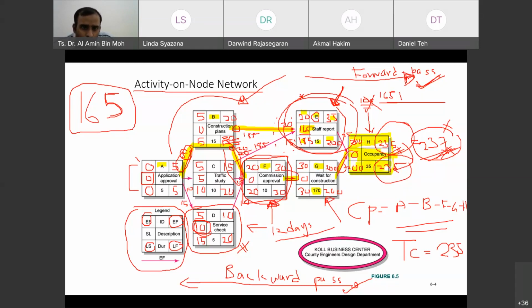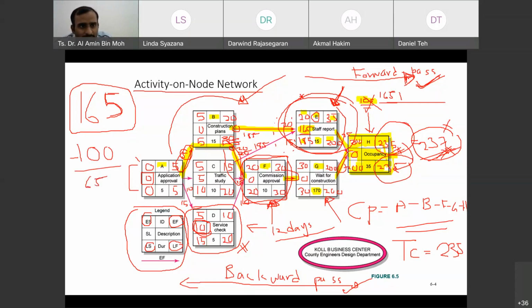H needs both of them to complete. So why do we have 165 here? What will happen if this is not completed in 15 days? They still have time until 165 days, right? So our delay just now, I said to you 100 days, okay, Linda? If you subtract 100 days, you still have 65 days.